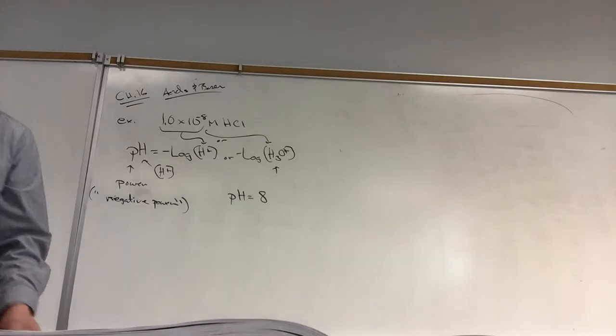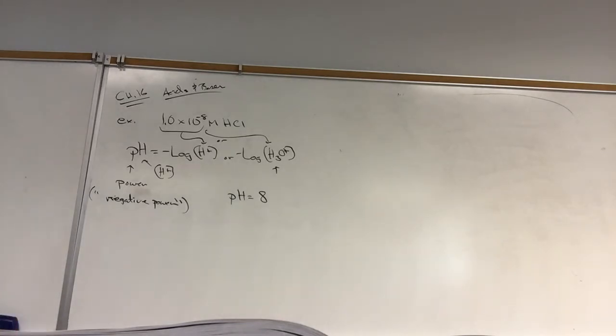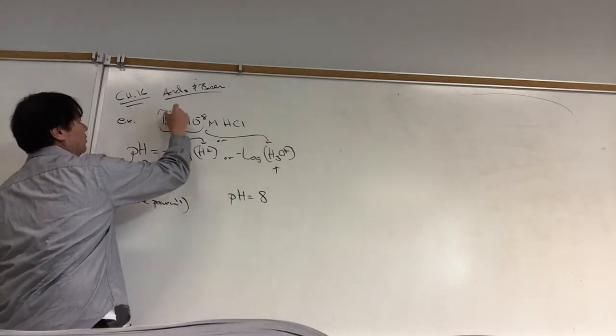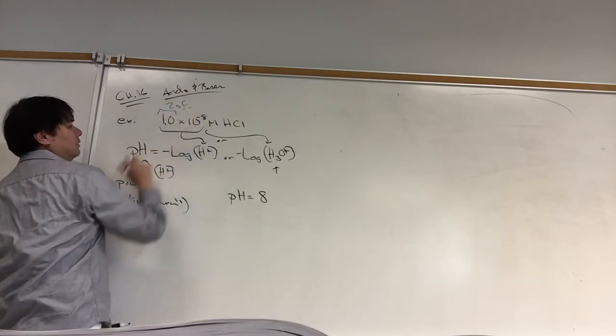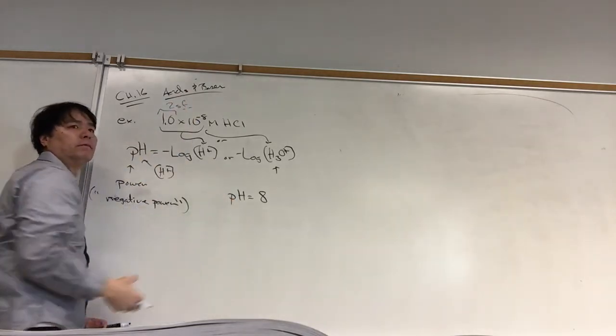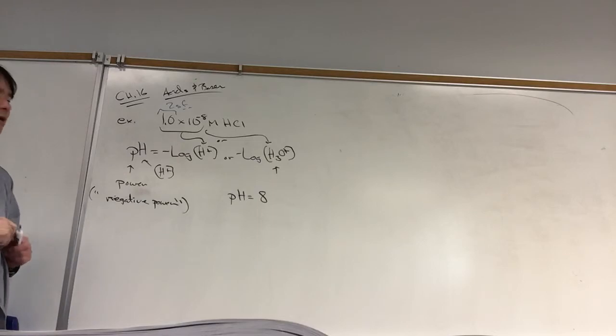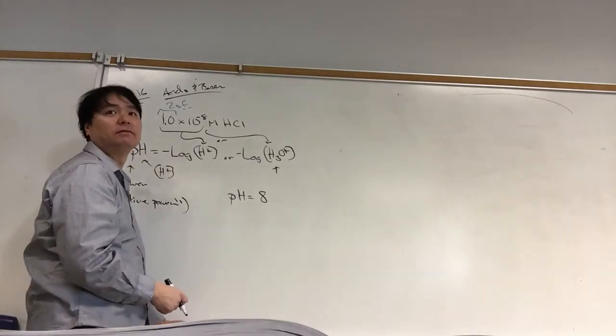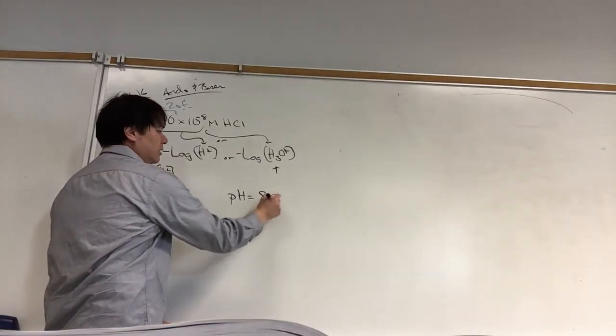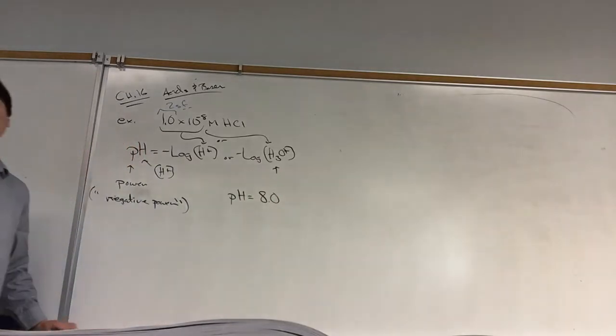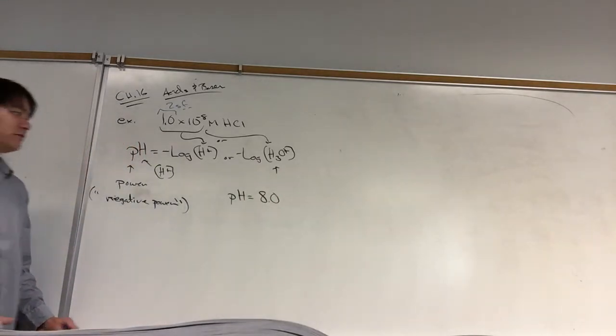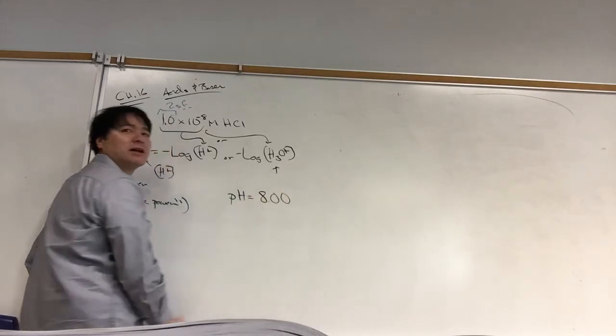Let's talk about power functions, though, in terms of sig figs. We have 2 sig figs here. How many sig figs do we have right now? Is that 1 sig fig? No. Okay, so is that 2 sig figs here? Actually, no, this is not 2 sig figs. Is this 2 sig figs now?